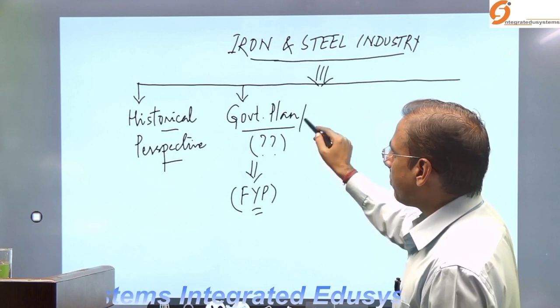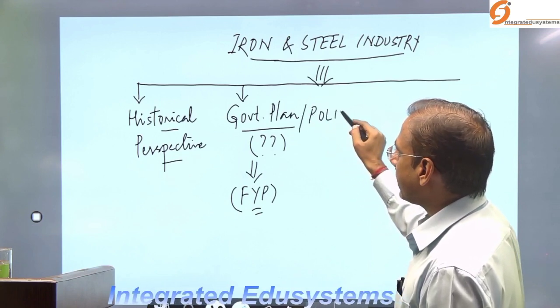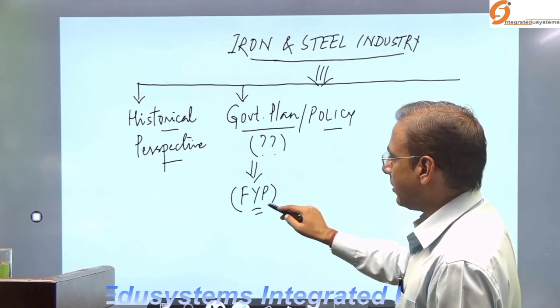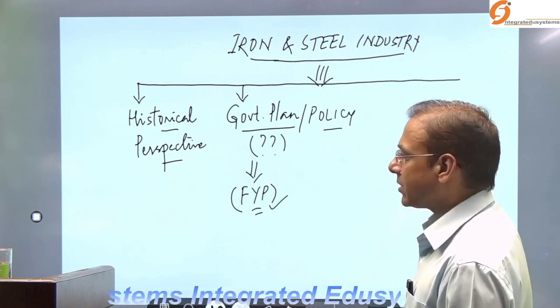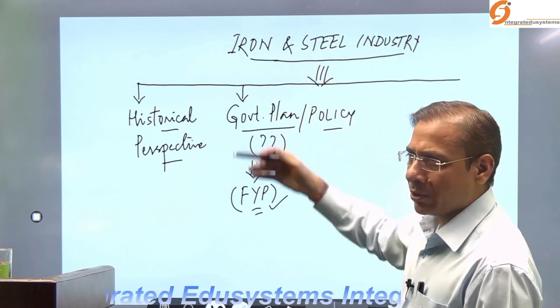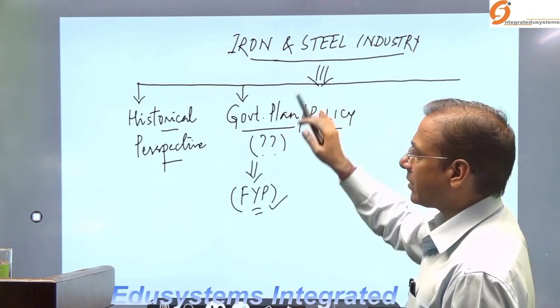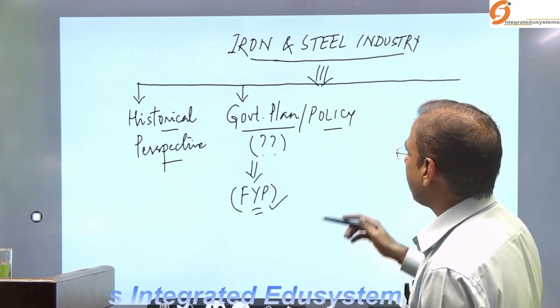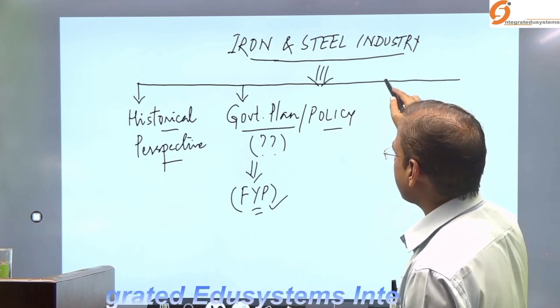Or what is the policy of the government? So you must keep in mind, is there any emphasis in the 5-year plan regarding the development of such a heavy industry, because iron and steel is a heavy industry? Okay, then what kind of questions may appear?